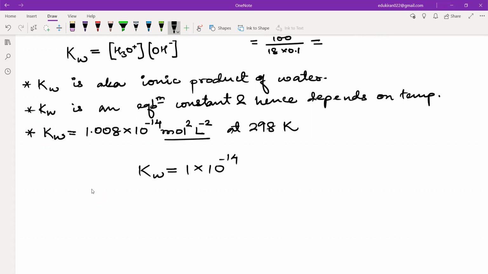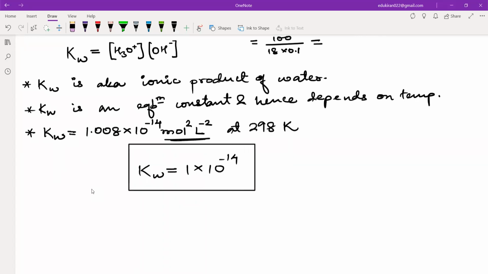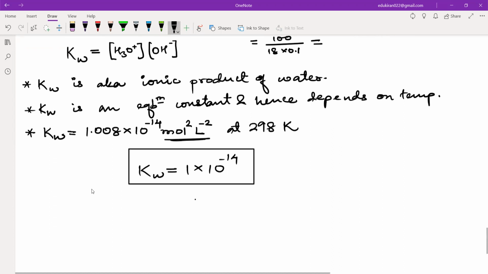If someone wakes you up from sleep and asks what is Kw, you have to answer 10 to the power minus 14 at 298 Kelvin. This is information that you cannot afford to forget. You can put a 10 star here, but don't forget it. Kw is equal to 10 to the power minus 14.